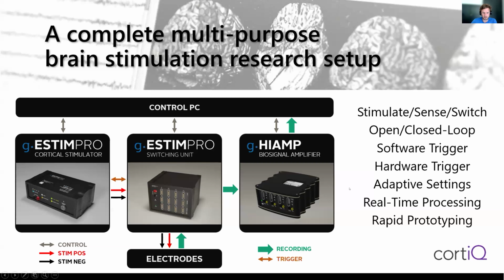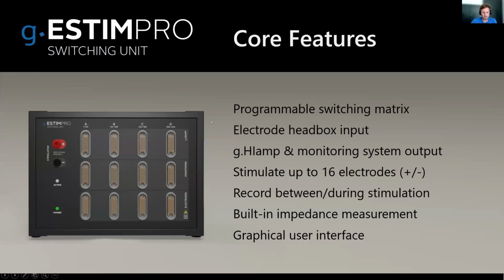So since the switching unit is kind of the most recent device, I also have a list of core features, but I mainly explained this already. Importantly, you can not only route the stimulation to pairs of stimulation electrodes, but you can also group electrodes. So for example, you can select electrode 1 to 16 and just route the stimulation input into those electrodes, and here the current then distributes according to the electrode impedance.